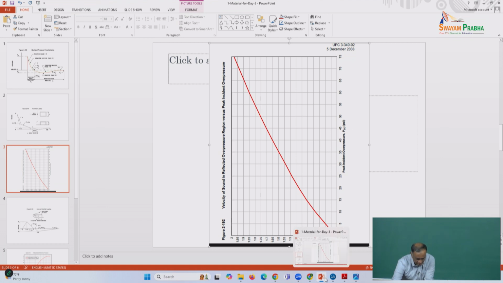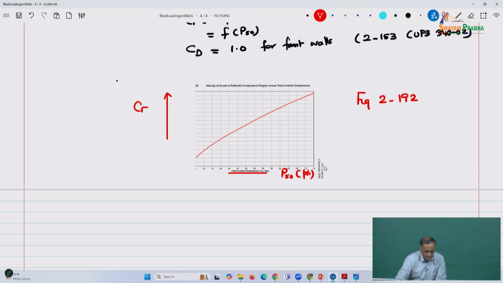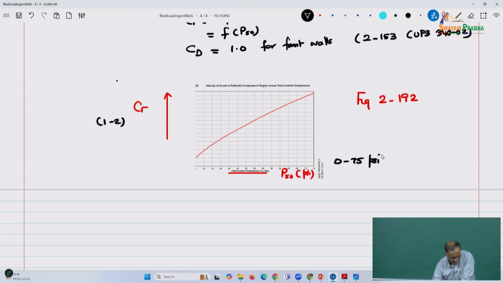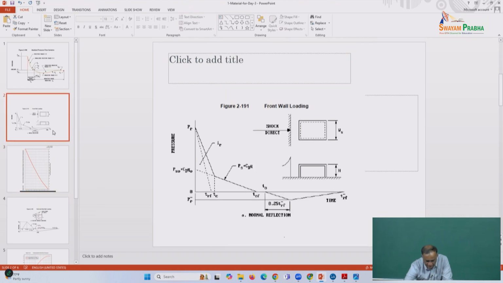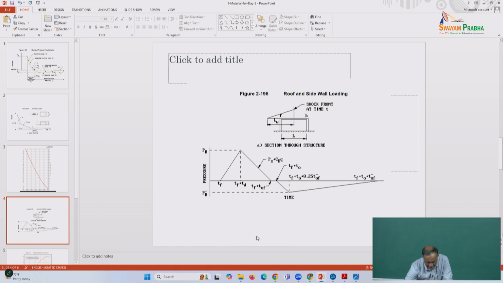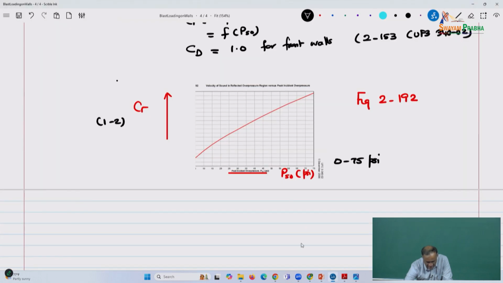So CR ranges from 1 to 2, and this is going from 0 to 75 psi. I don't think I have figure 2-153 here, but you can check it, and that's where you'll see CD is equal to 1.0 for front walls.